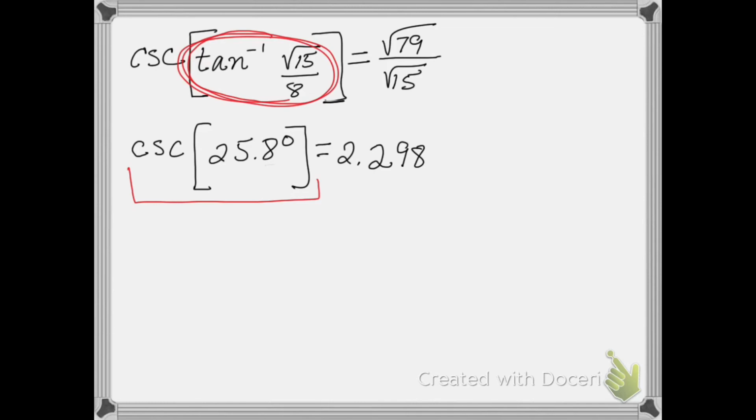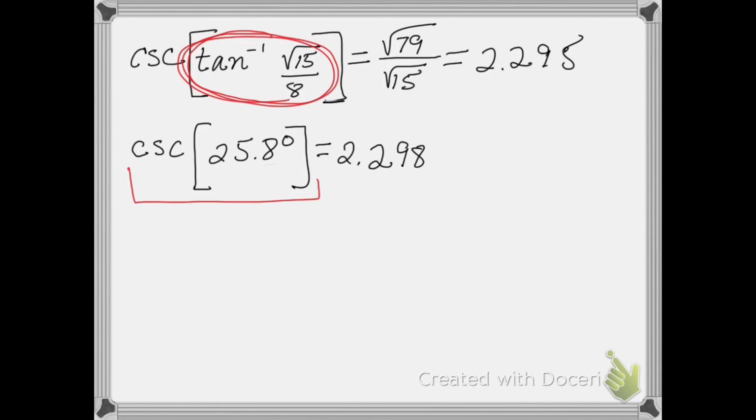Okay? Now let's go back up to this. Rad 79 divided by rad 15, and I get 2.29, and actually 5, but close enough, right?